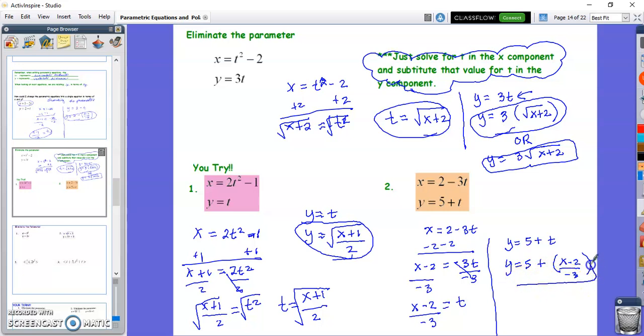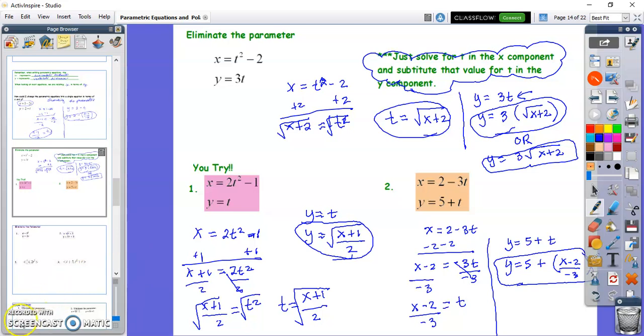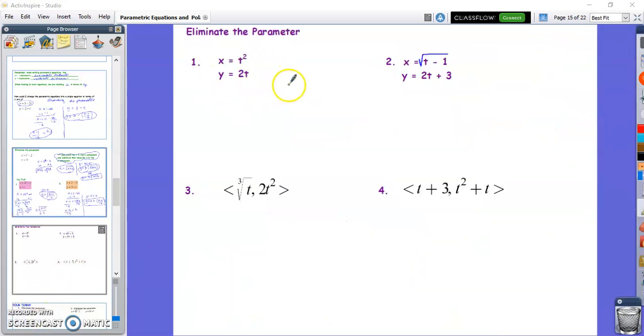Again, you can simplify this further, but I'm going to stop here since it's going to give us the same answer. Go ahead, pause the video again and try to work out problems 1, 2, 3, and 4, and then check your answer by playing the video again.